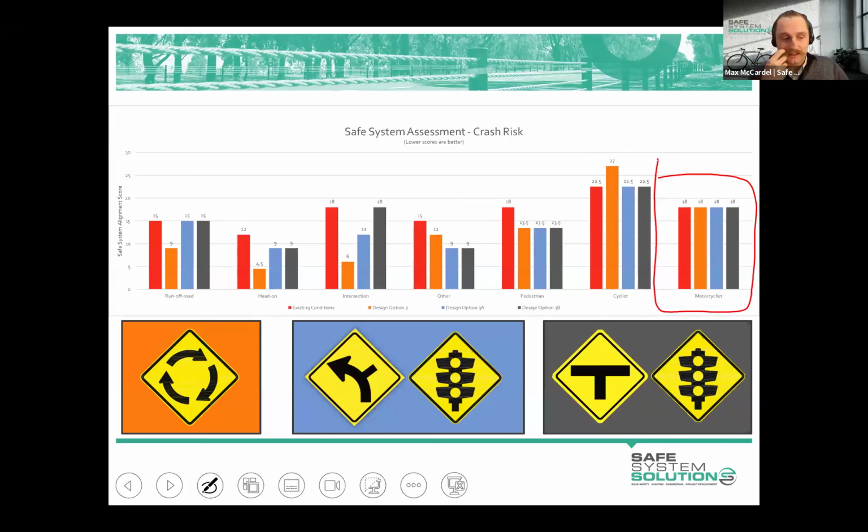Unless you're doing a specific motorcycle safety project where the objective of the project that you're looking at is to improve motorcycle crash risk, it's likely that there's no changes for motorbikes purely because they are so vulnerable, and unless there's specific treatments involved in that project aimed at reducing the risk for motorcyclists, it's not uncommon to see that consistency across the existing conditions and the design options.